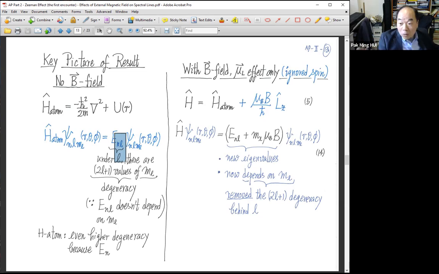So effectively, we have done degenerate perturbation theory, or another way to say it is we need not do degenerate perturbation theory. Is that okay? Because we solve it exactly. The Hamiltonian is automatically diagonal.